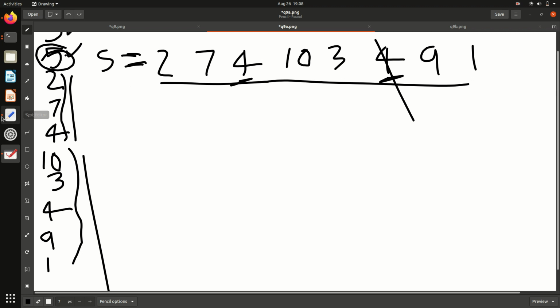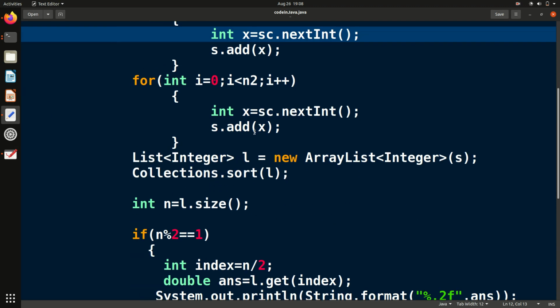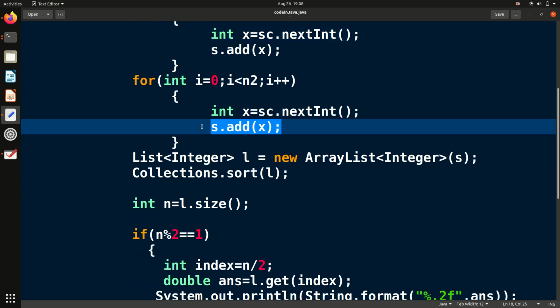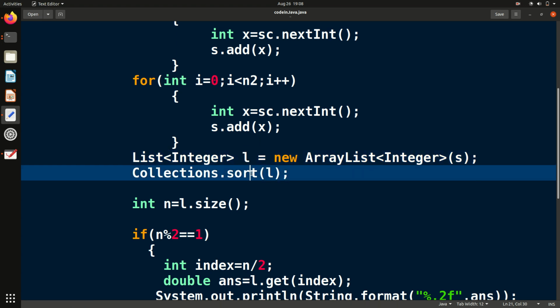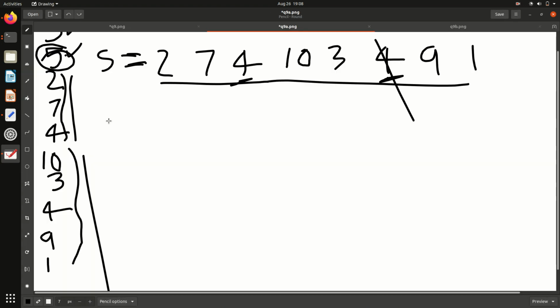Now the main thing is here, we will not continue with the set because it is not possible in Java to sort a set. So what we have done, we have converted this set into a list, and we know that a list can be sorted. So we have converted this set S into list L, and the next line we have sorted. So let me sort this.